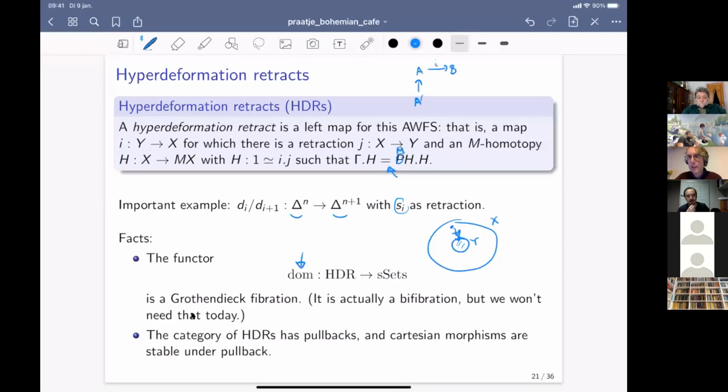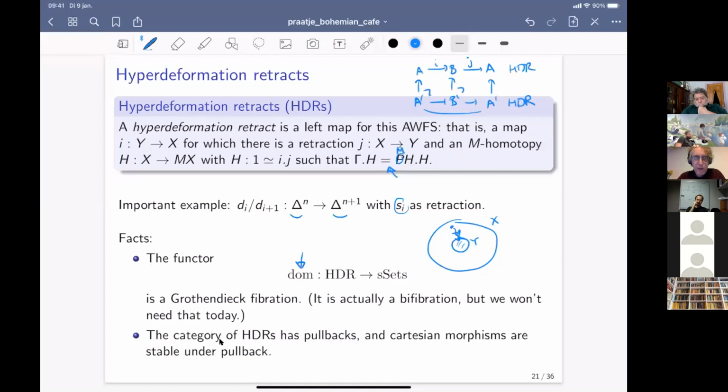You can do that because there is a retraction which goes back to A again, and then here again is this map from A prime to A, and then you can take two pullbacks, so you get something like this. Then you can check that if this thing over here was a hyperdeformation retract, then this one over here is as well. So this is an important construction that you can do on hyperdeformation retracts.